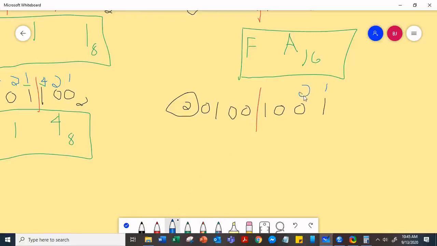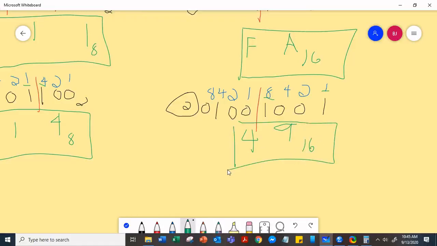Put in 1, 2, 4, 8 as a way to be able to compute this. So we have 1 and 8, which is 9. And we have 4. So the answer is 49 base 16.